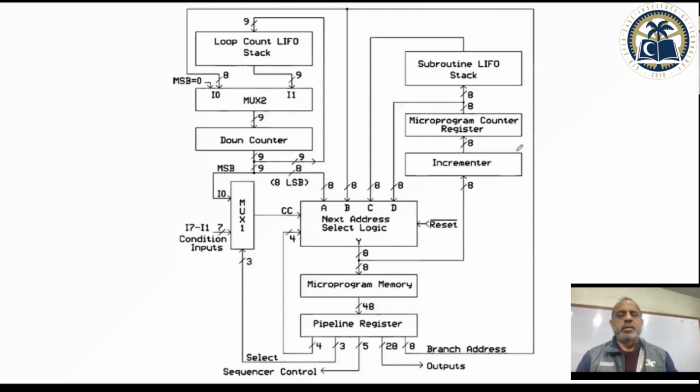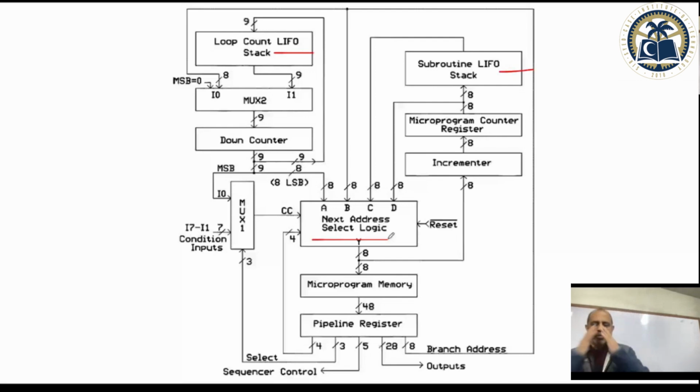Right? So once you are implementing, the next address selection gets messier, because now there is end of the loop, start of the loop. So you need to provide that also. If subroutine, return address, normal, interrupts.